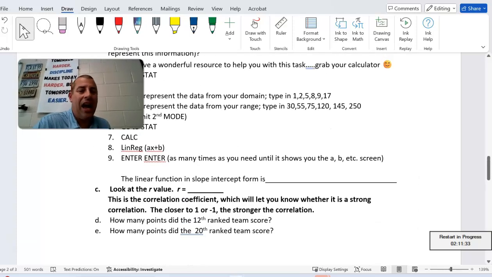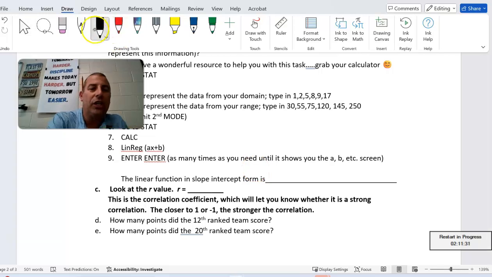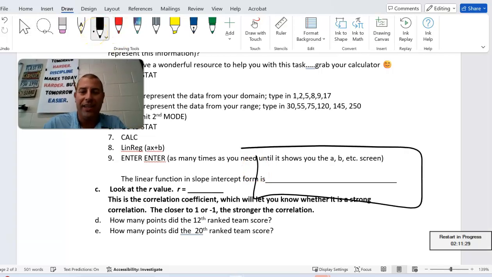I'm interested in what you're going to come up with. So I do want you to type it in, and then we'll talk about it the next day. I also want you to look at the R value that's there. And you're going to see it's not as strong as it was before.